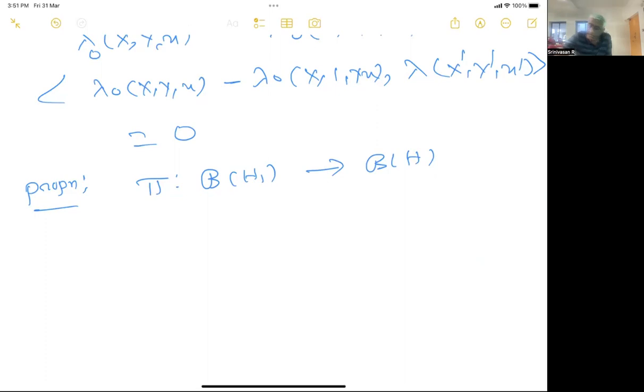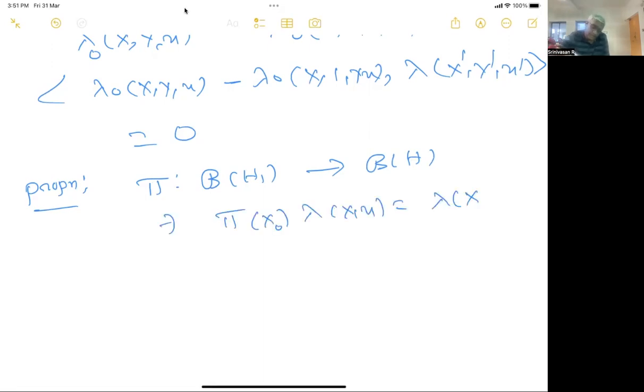It's just left multiplication. That's why I'm saying this is just GNS. So this is the representation. This is a representation we want to define. We want to show it's a representation.